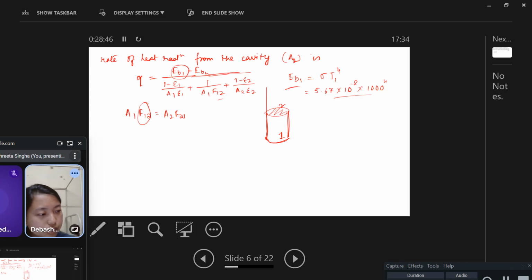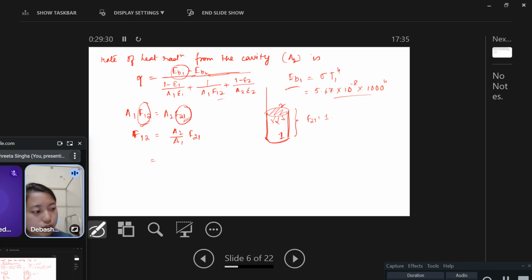But can we directly say this F12, or can we directly say this F21? F21 means how much 2 is emitting and which is received by this 1, means inside. So here in this case this F21 is equal to 1, because whatever 2 is emitting is all received by this 1. So we can directly calculate this F12 as A2 by A1 into F21.